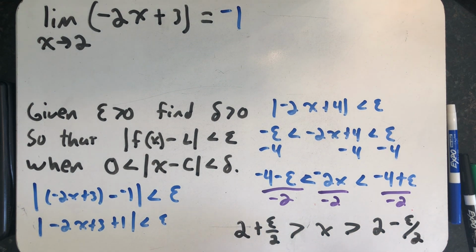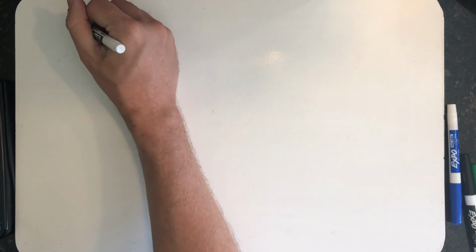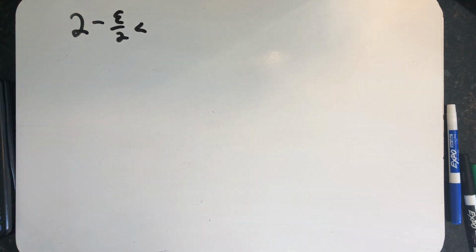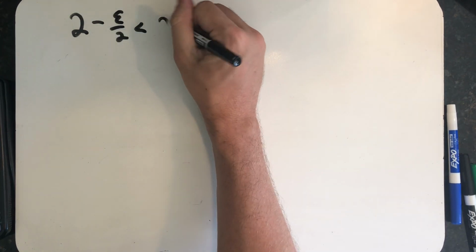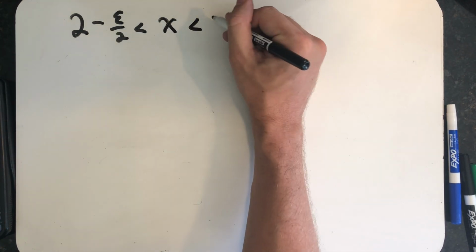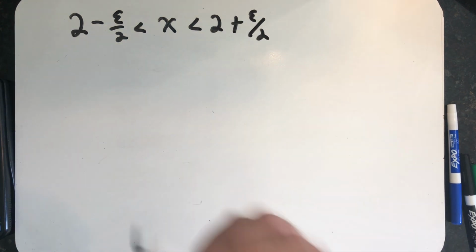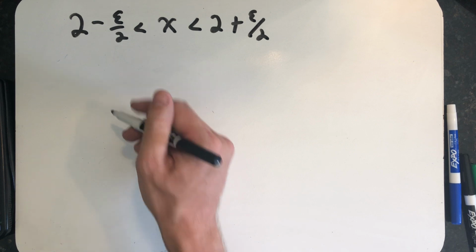So there's my interval on the x-axis that's supposed to work. If I gave you a specific number for epsilon, we'd have numbers to evaluate there, right? Substituting in. So let's look at that inequality. And again, I like to read those from left to right, from the small numbers to the big numbers. And I actually see the value of delta here.